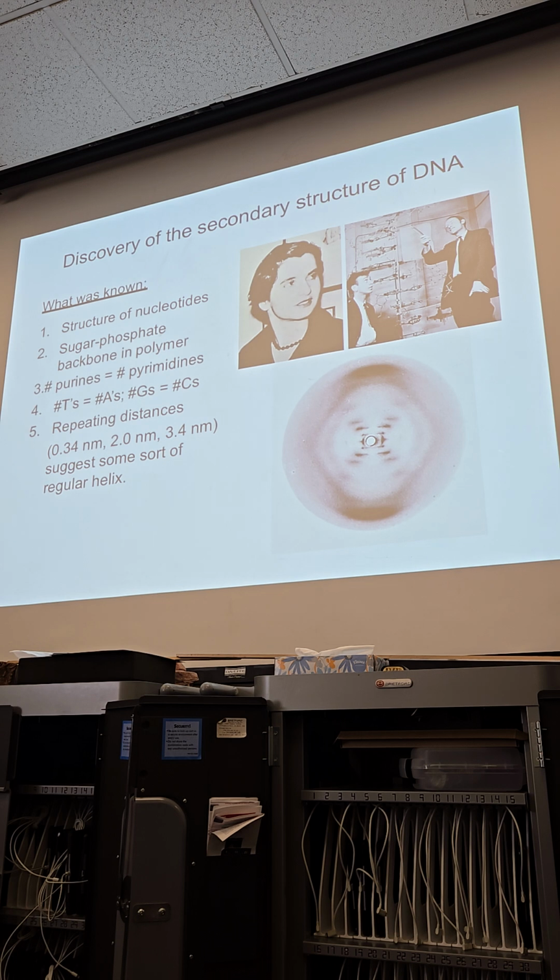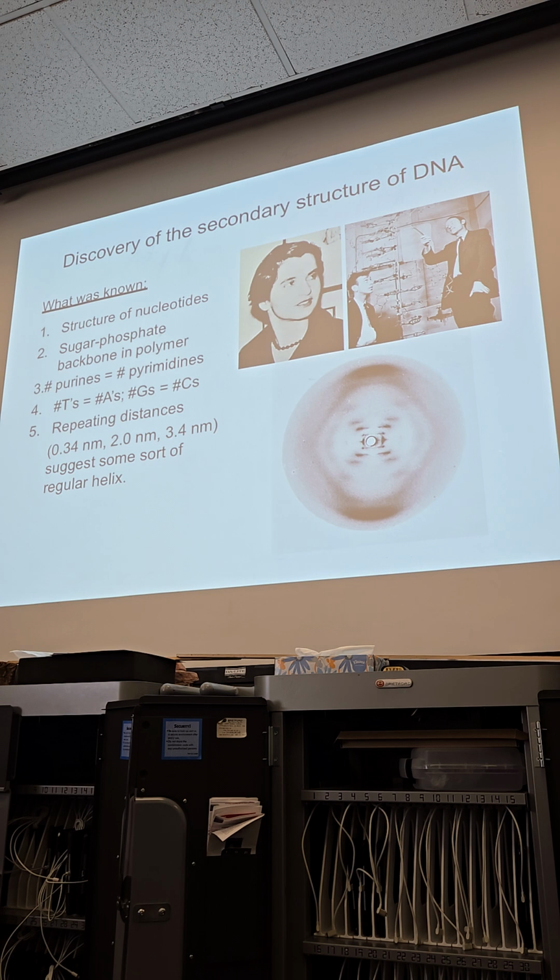And so we have Watson and Crick and Rosalind Franklin. And so we had all of these repeating distances. What was so important about this is that Rosalind Franklin was a biochemist. Watson and Crick were not. They were organic chemists.